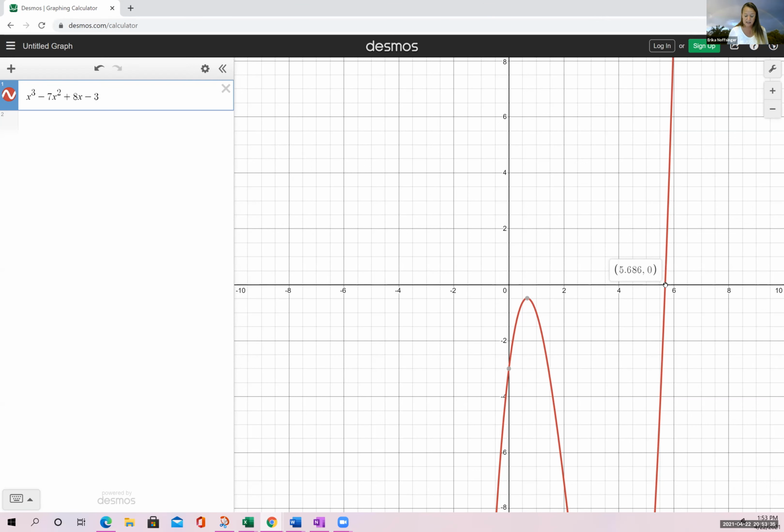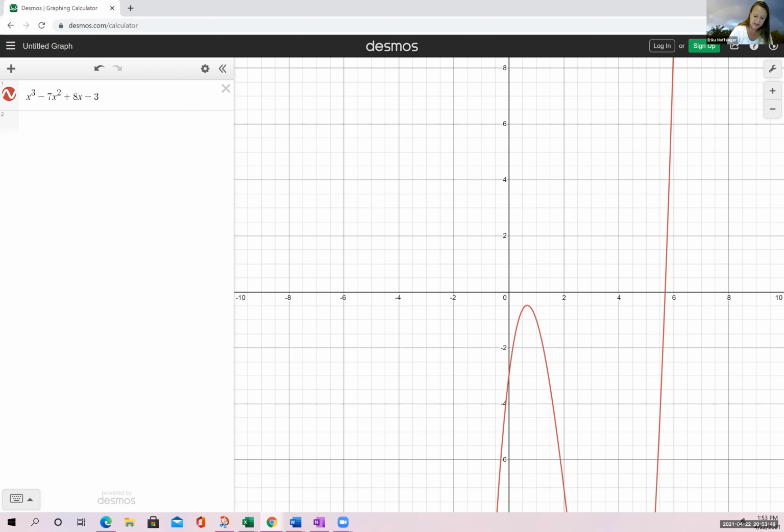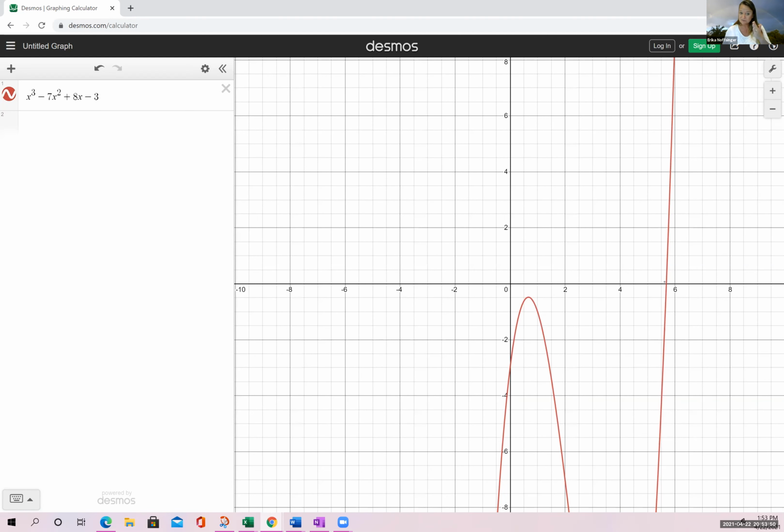The other thing you need to be careful with is if you aren't given that guess and you choose something off, you might not ever get there. Like if you chose your x value to be maybe 0 in this case, and I looked at the tangent line, it wouldn't be crossing and it wouldn't be getting closer and closer to this x equals 5.6.